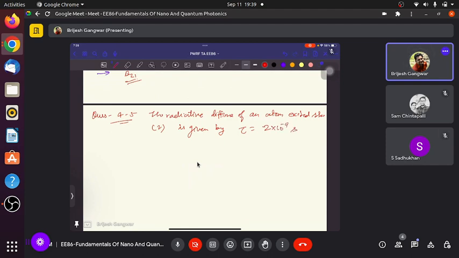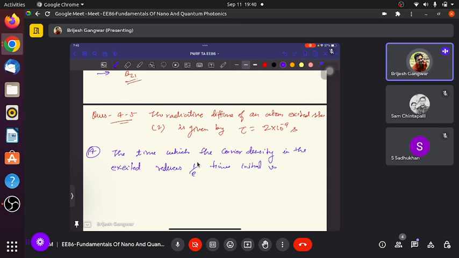So the question is the time in which the carrier density in the excited state reduces to 1 by e times its initial value is.